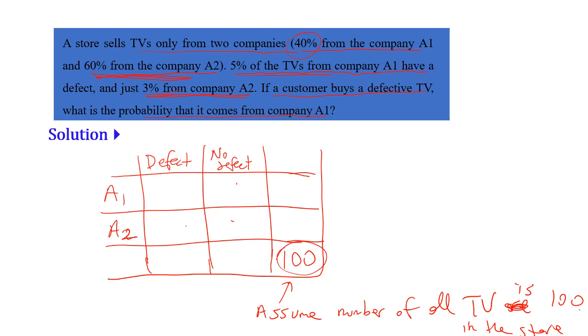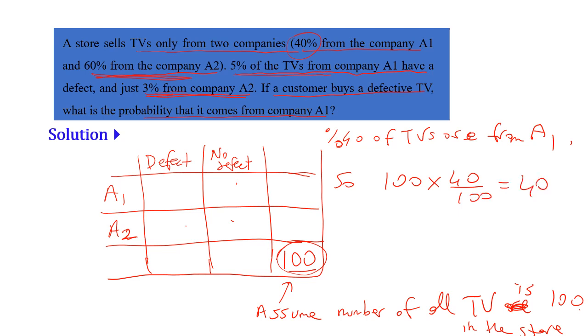The first information: 40% of all the TVs are from A1. So 100 times 40% gives 40 TVs from A1. Since there's no other company, because it says only two companies, the other will automatically be 60.